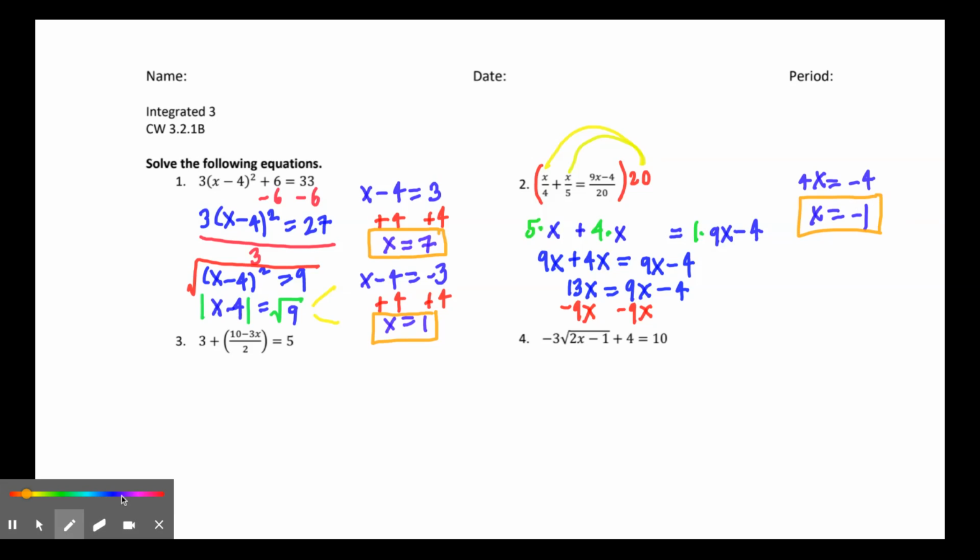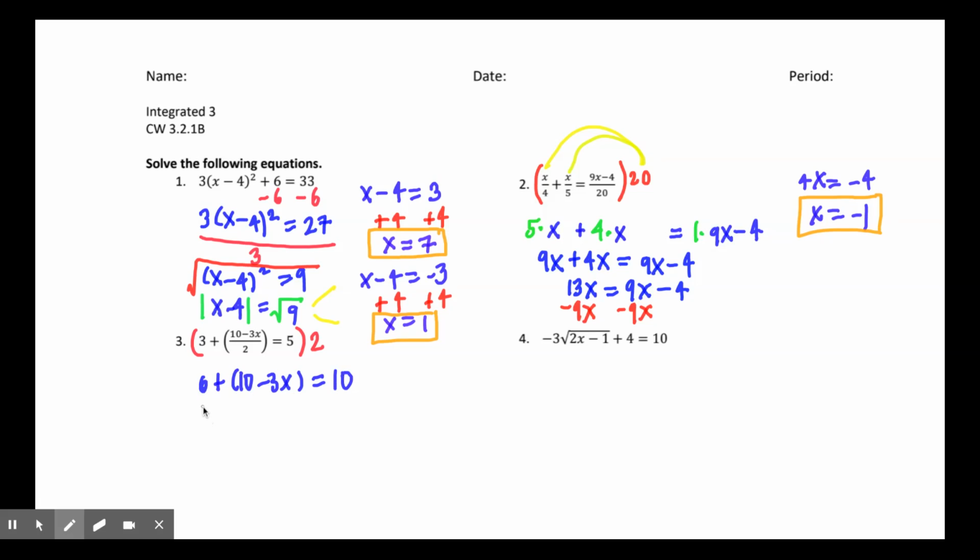And then for this one, you want to get rid of this dividing by 2. So multiply everything by 2. And you get 6 plus 10 minus 3x equals 10.